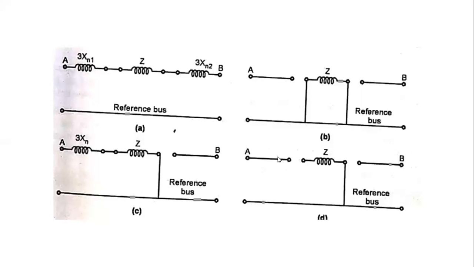No grounding means an ungrounded system, which means open circuited. Star with delta, delta means like this. There is a path between the reactance and the reference bus, and these are open circuited. A side is open circuited and B side is open circuited. Understand?